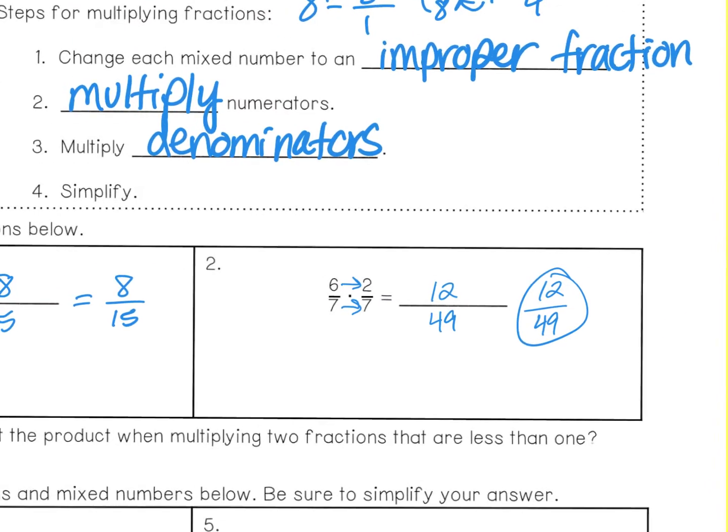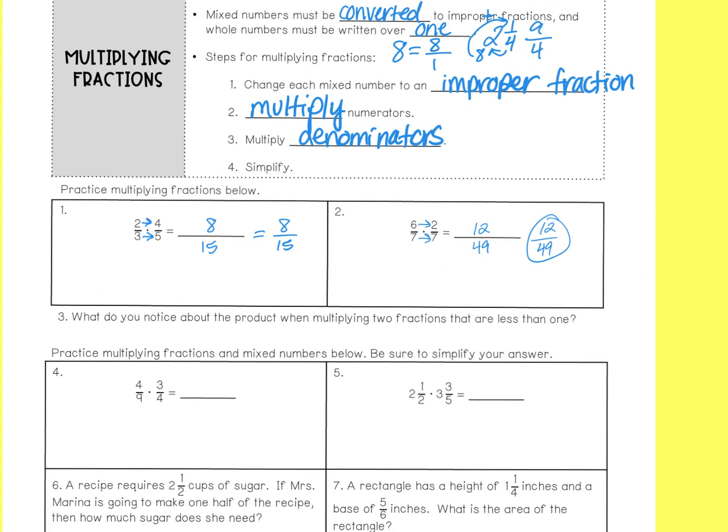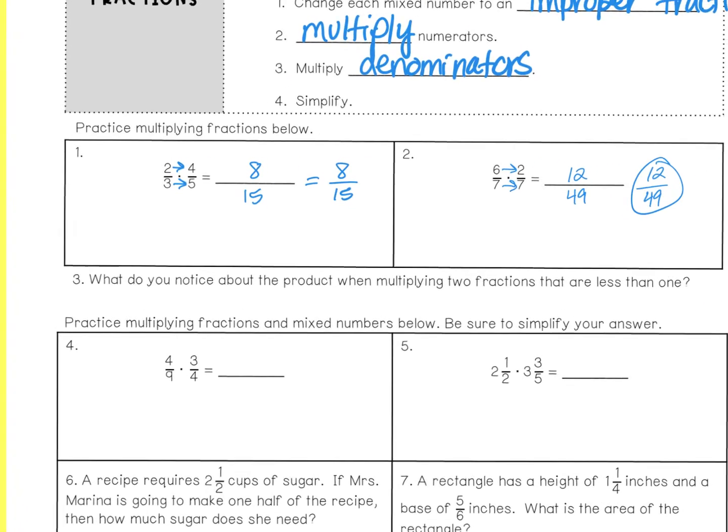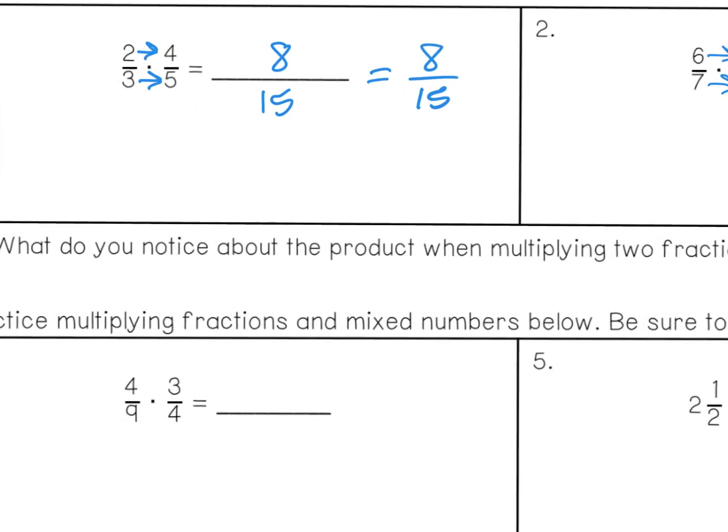Okay. Looking at example or question number 3, what do you notice about the product when multiplying two fractions that are less than 1? Okay, so if you were, for example, to have 1/4 times 1/2, both of those are less than 1, and you were to multiply those together, we know 1 times 1 is 1, and 4 times 2 is 8.